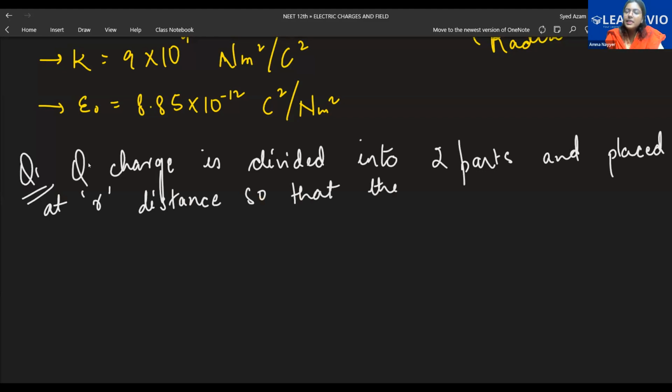So see, when plus Q is split into two parts, both of them will be positive only. We have not induced another charge onto the second one. So the repulsive force between them is maximum.